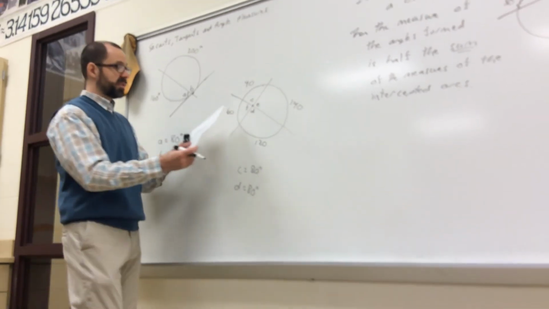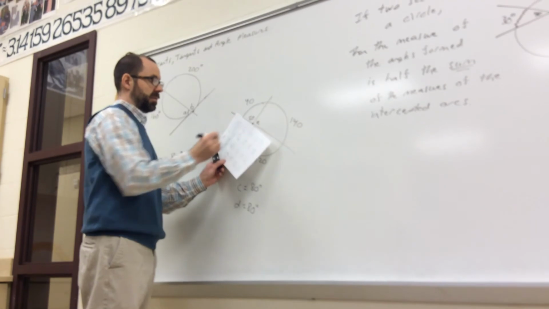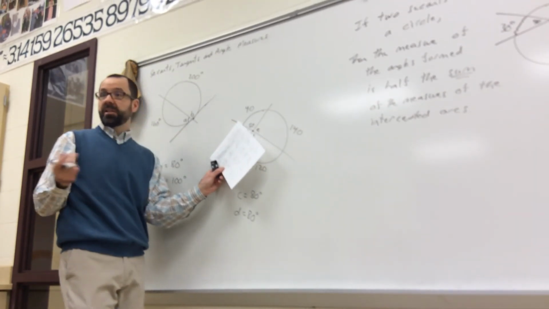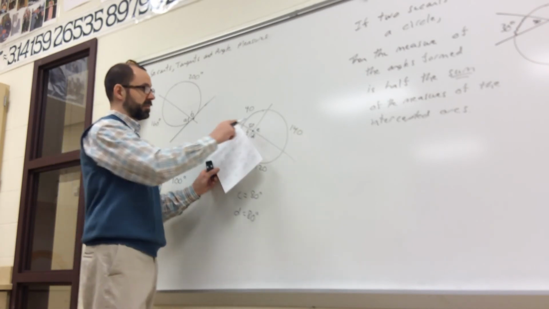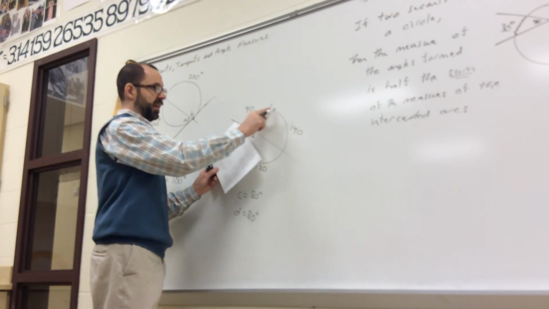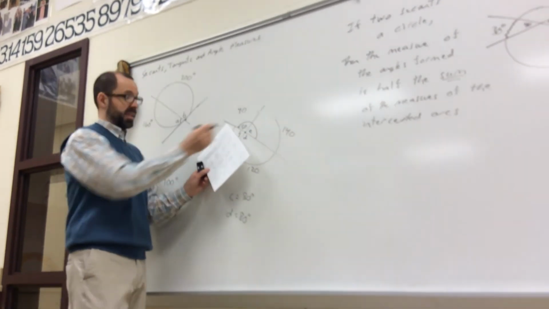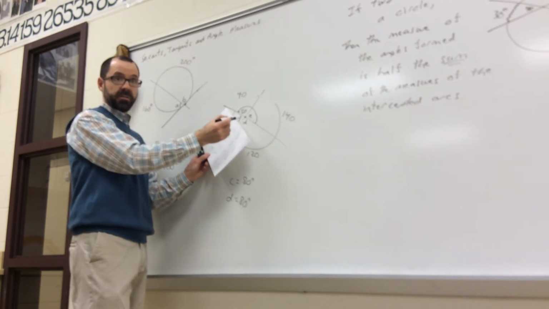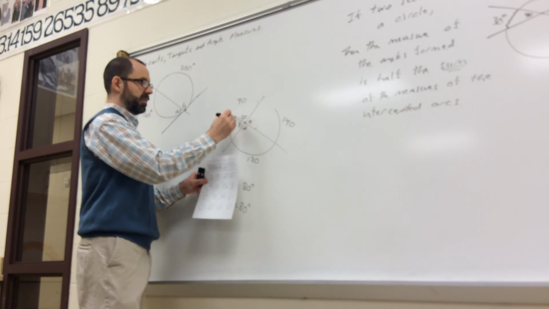So then, once you know that C is 80, D and E make a linear pair. This is old stuff. Even if the circle wasn't there, we would know that this was 180, because it's a half rotation. So then that's 100. So E and F are 100.